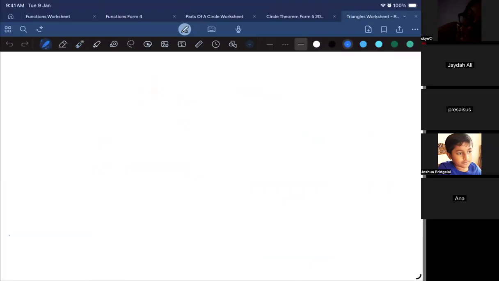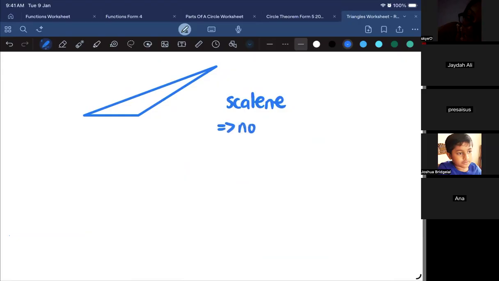Now, how many kinds of triangles are there? Three, right? If you have a triangle with no equal sides, what would you call that? Scalene.